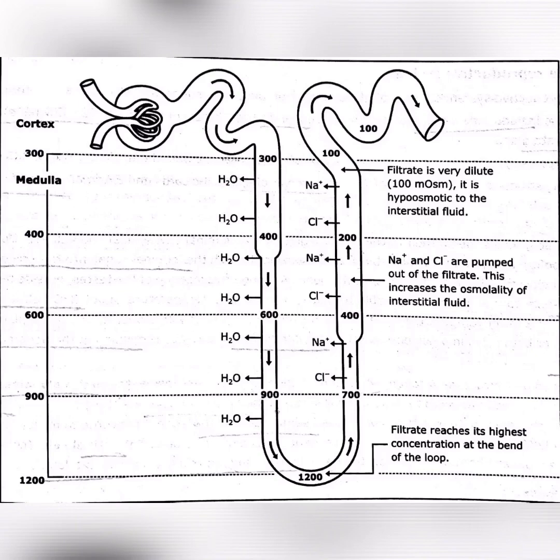After that, we know that the outer part of the kidney is called the cortex, and the inner side of the kidney is called the medulla. As we go below into the medulla, the concentration becomes high. So what happens after that?